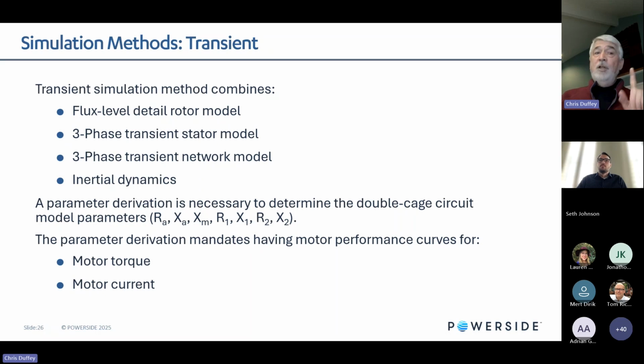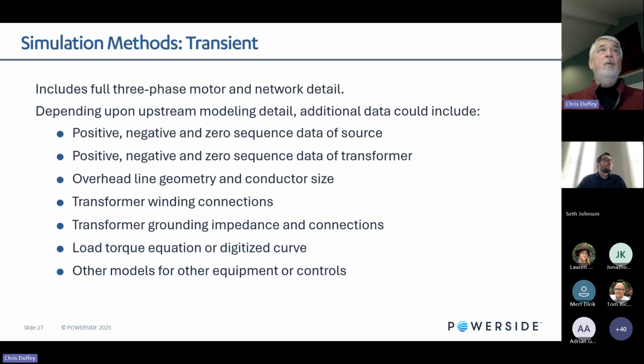A parameter derivation is also necessary, and in particular, PSCAD, which we'll be looking at today, needs these parameters, which are the same parameters that we saw for the double cage network model. And again, a parameter derivation is necessary because we need to find those parameters from the motor performance curves.